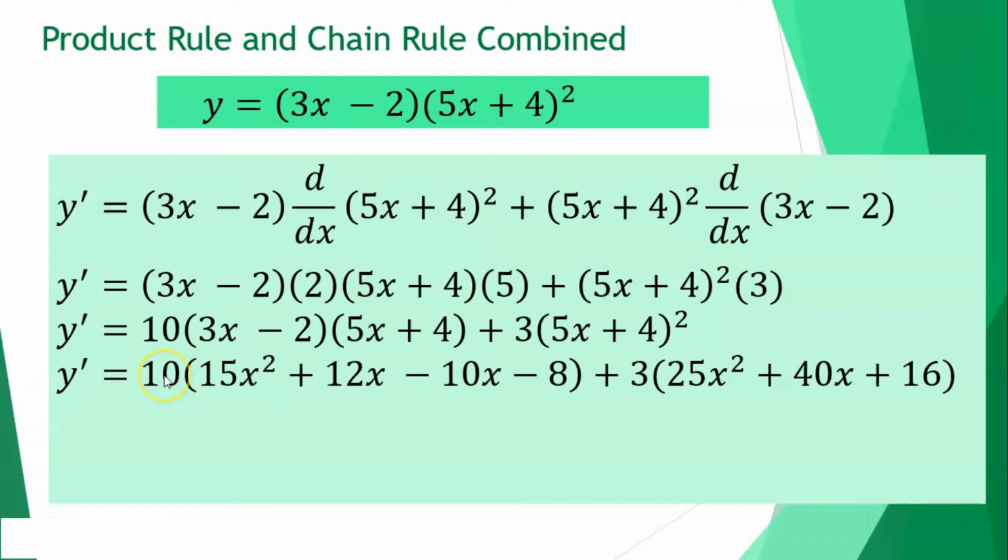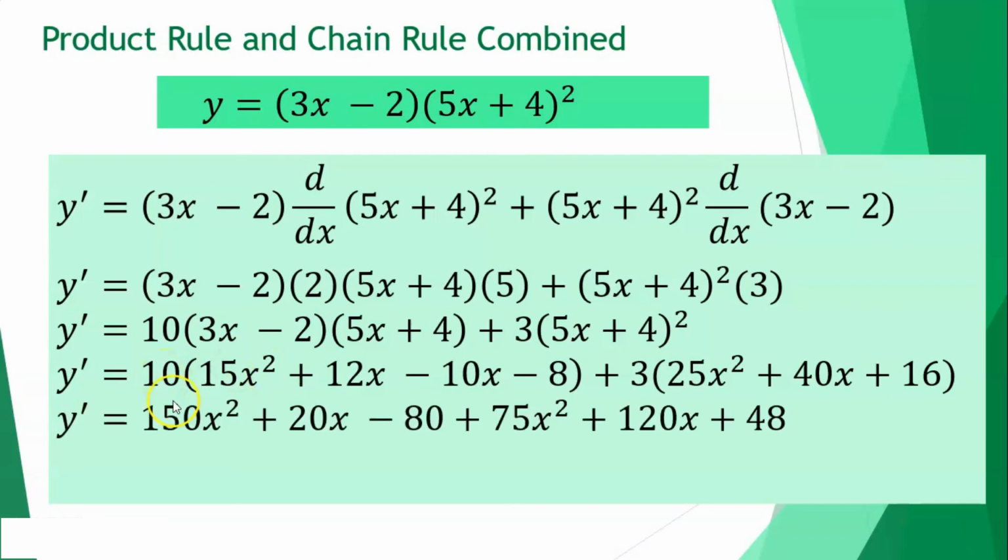So at this point, multiplying 10 to the terms inside, that would be 150x². 12x minus 10x, that's 2x, times 10, that's 20x. 10 times negative 8 is negative 80. 3 times 25 is 75x², that would be 120x, and 3 times 16, that's 48. Combining like terms, the final derivative of this given is 225x² + 140x - 32.